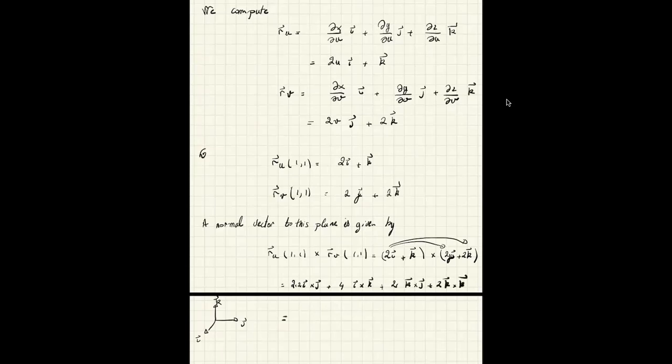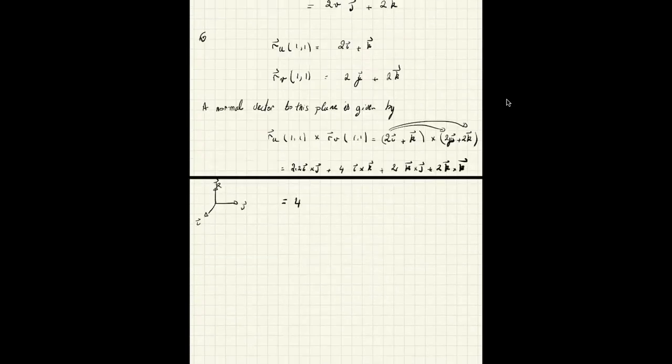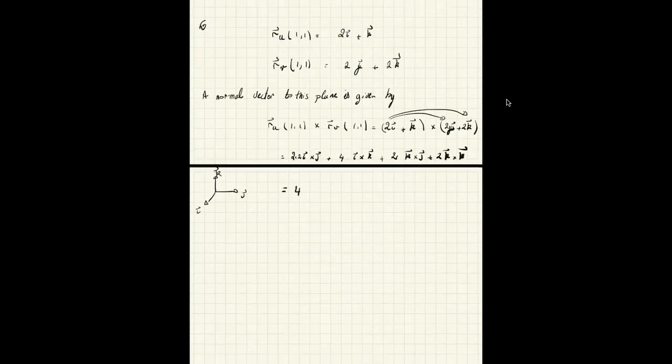Now, if you apply the rule, IJ, you roll your four fingers from I to J, gives you K, plus 4IK gives minus J, plus 2KJ gives minus I. And KK is parallel, so it's 0. So if you do this, it's 4K minus 4J minus 2I. So this is the normal vector.